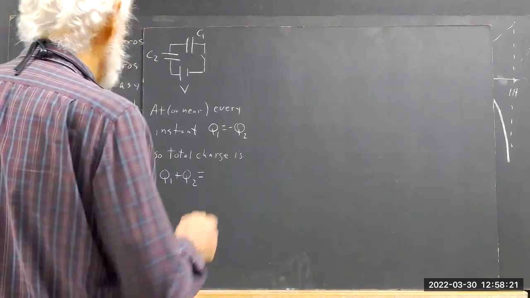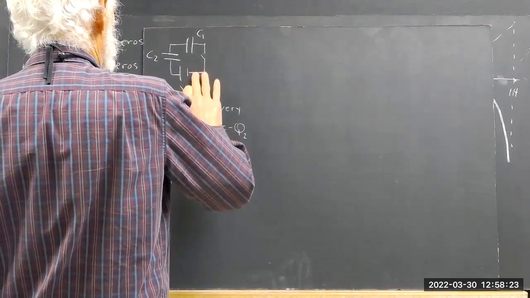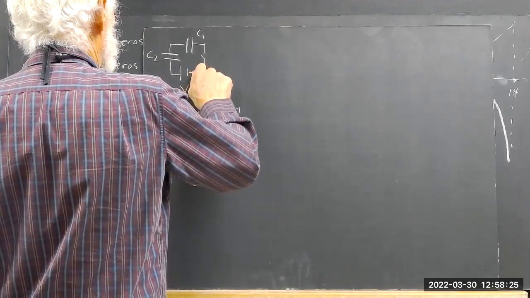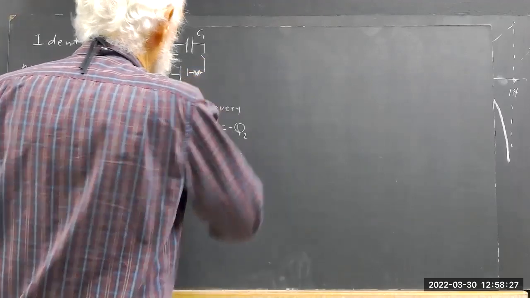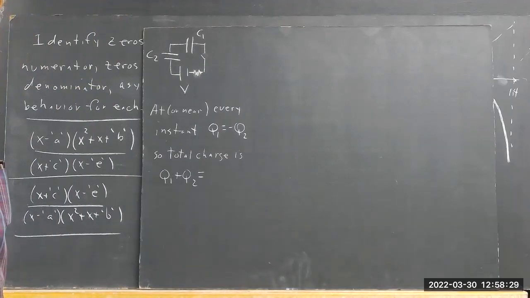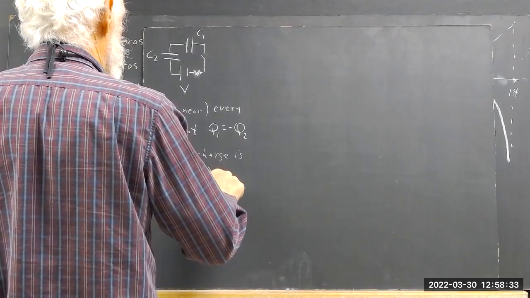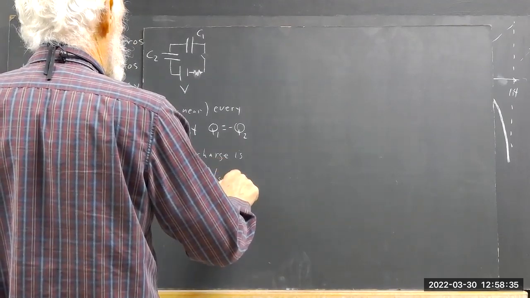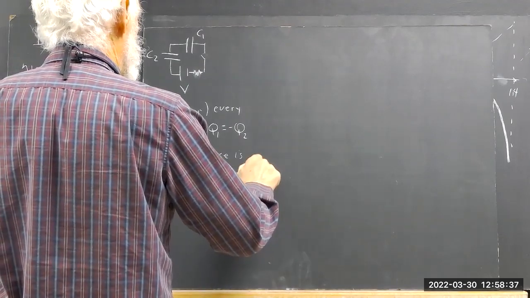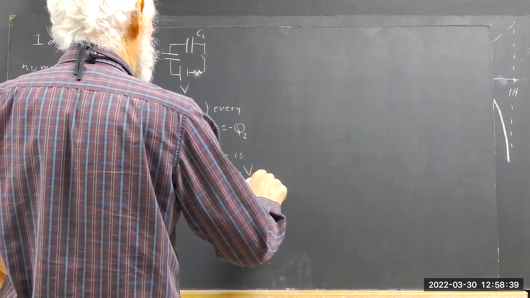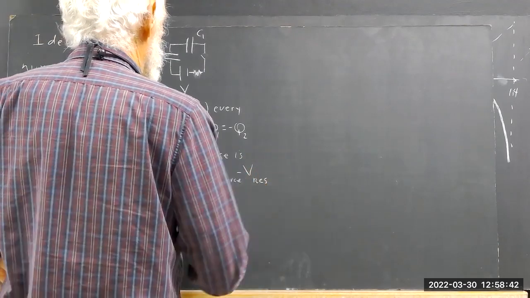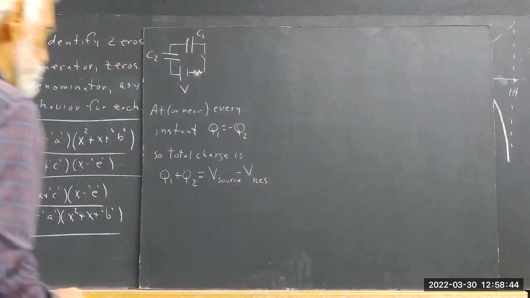Now, what I'm saying is not quite right, because I guess we'd better have a resistor, because you'll have a voltage drop across a resistor. So call that voltage the source minus the voltage across the resistor.